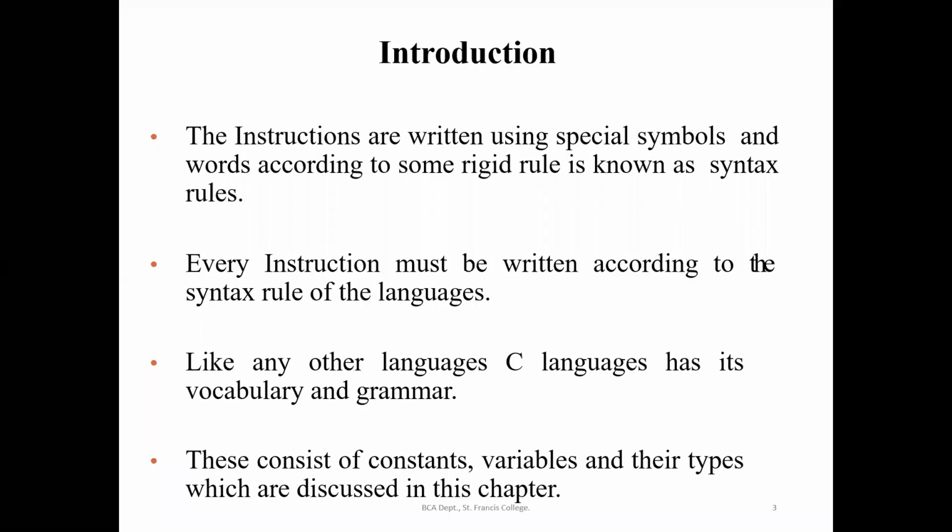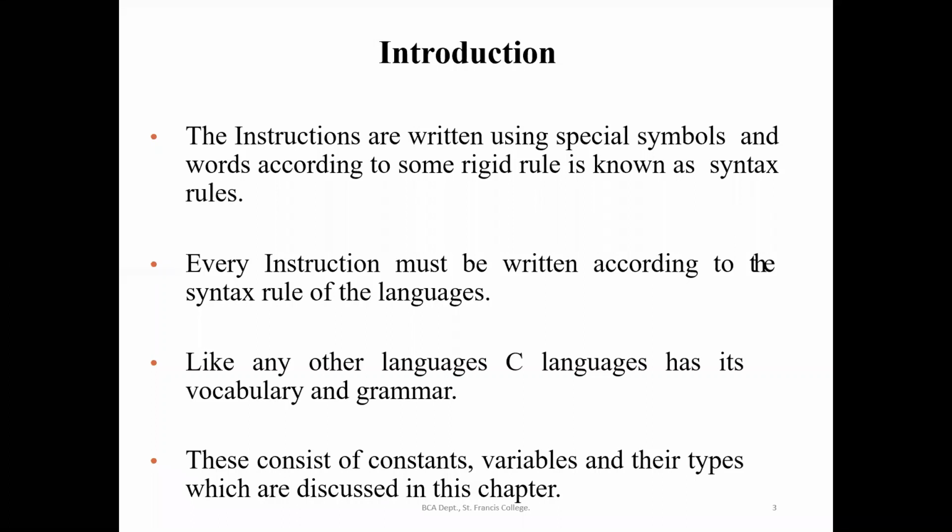So this vocabulary and grammar is made in a form which will be specific to each programming language. The compiler of each programming language will understand only the grammar of that particular language. So in order to execute a C program, we will be using the C compiler.